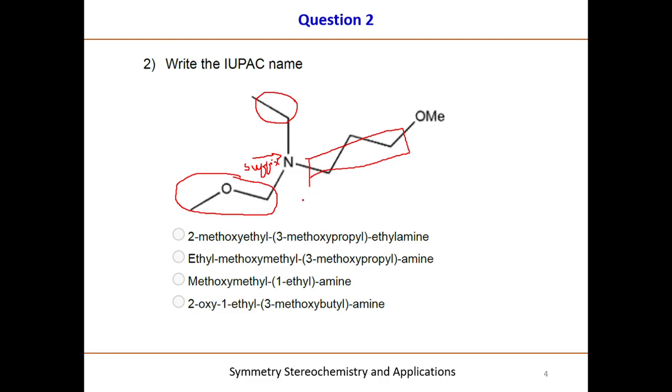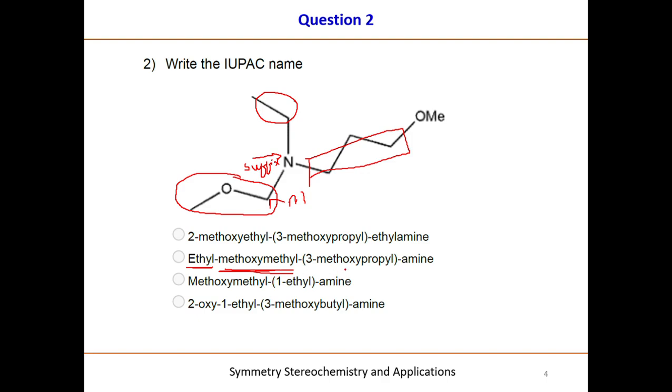Because alphabetical order is followed for prefix or substituent names, we will consider ethyl over methoxymethyl. So we will write ethyl first because ethyl comes first in alphabetical order. Then the second substituent present on the longest linear carbon chain is methoxymethyl. Why am I writing methoxymethyl? Because this OMe group is methoxy and this CH2 is a methyl substituent. That's why the name will become methoxymethyl.